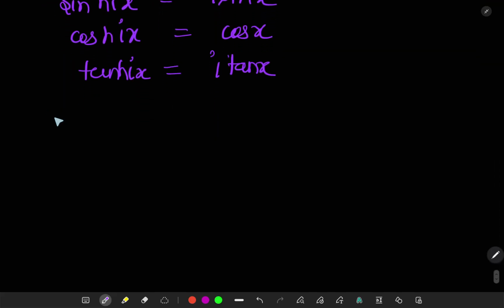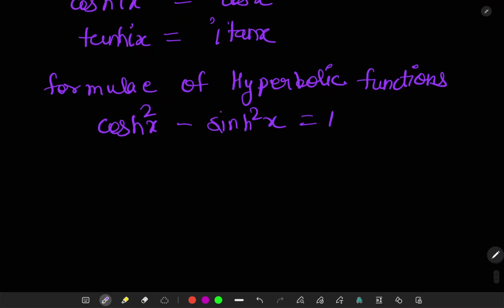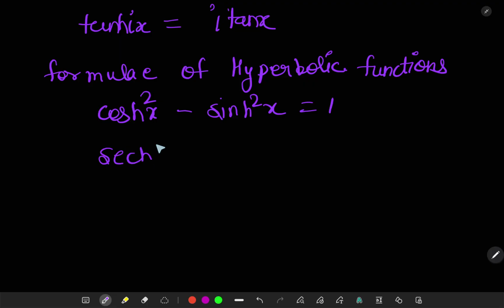Now some formulae for hyperbolic functions which are different from trigonometry. Cos hyperbolic square x minus sin hyperbolic square x equals 1. Sec hyperbolic square x equals 1 minus tan hyperbolic square x.